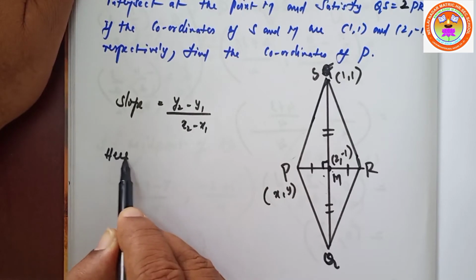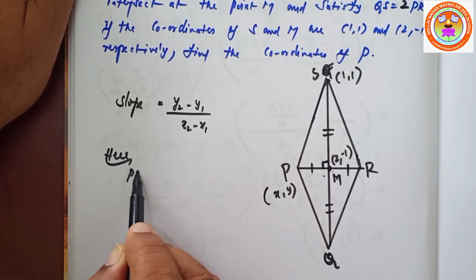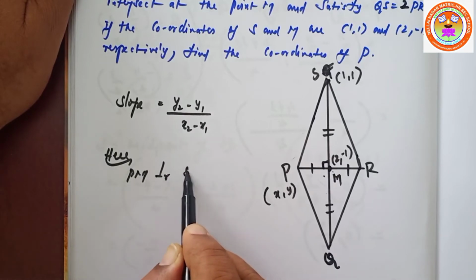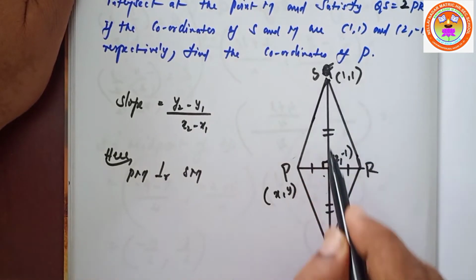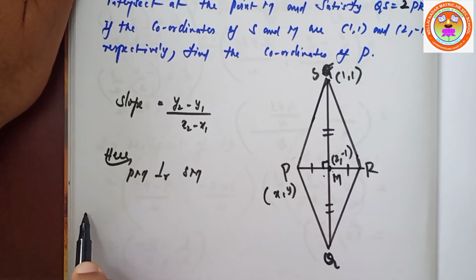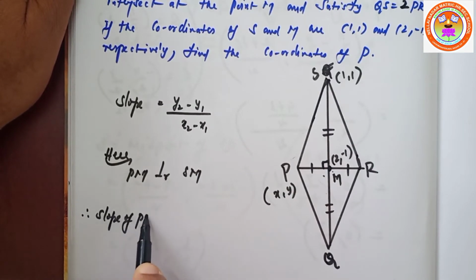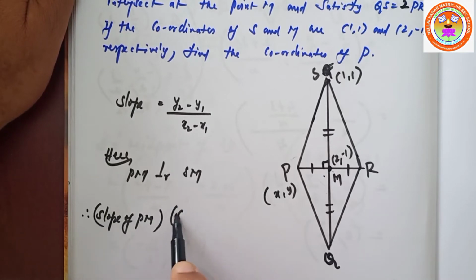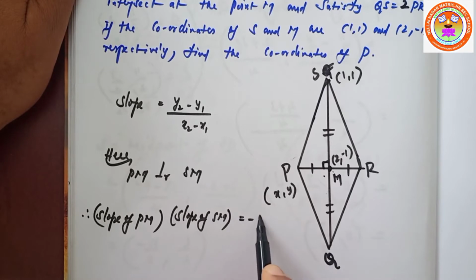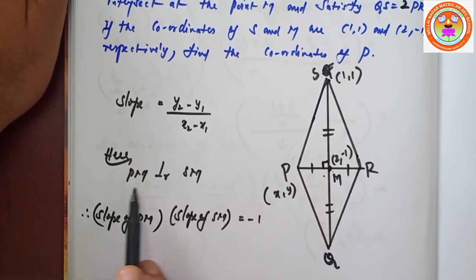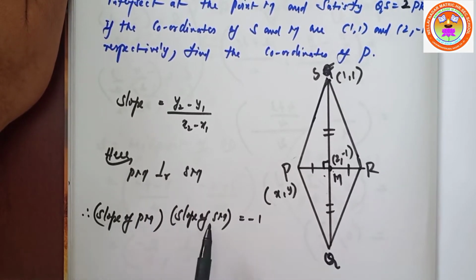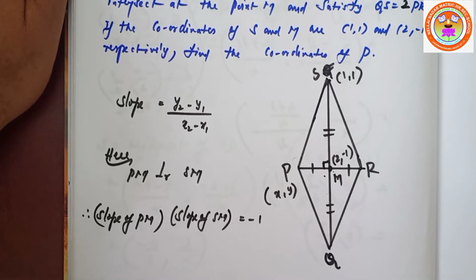Here PM is perpendicular to SM. PM is perpendicular to SM. Therefore, slope of PM into slope of SM equals -1. This is a formula: if two lines are perpendicular, the product of their slopes equals -1. Now we can apply the slope formula.